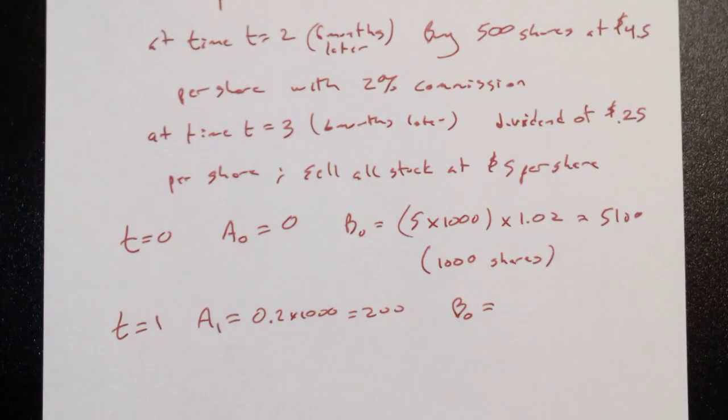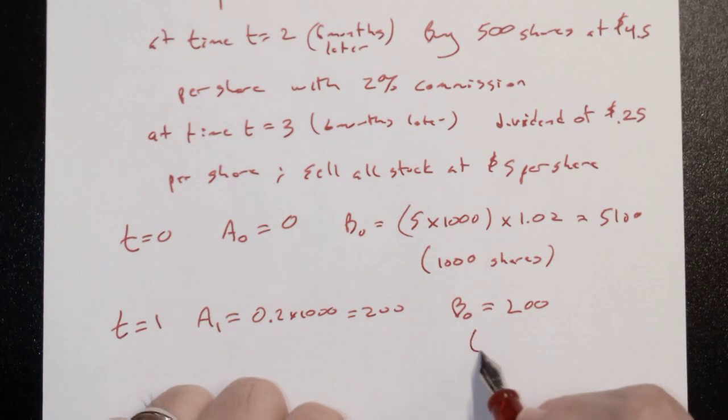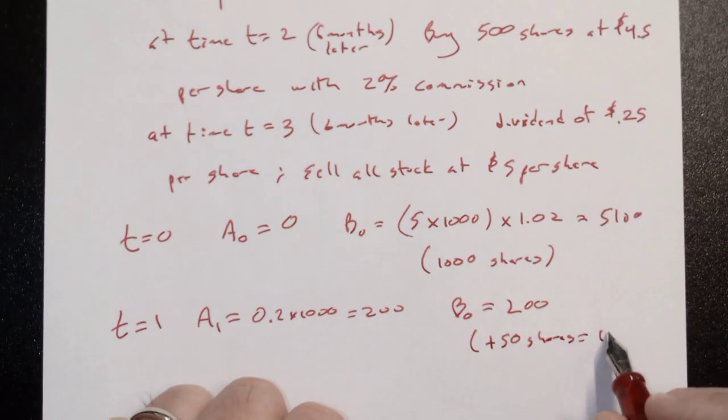But I'm not buying 1,000 shares. I'm reinvesting this money at shares, right? I don't know how many shares I bought, but I'm going to spend all this money on shares. So the amount of money that goes out is exactly the same as the amount of money that comes in. How many shares did I get? Aha. Plus 50 shares, 1050 shares.